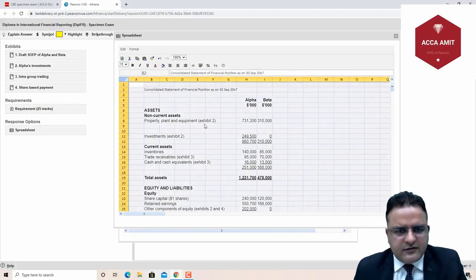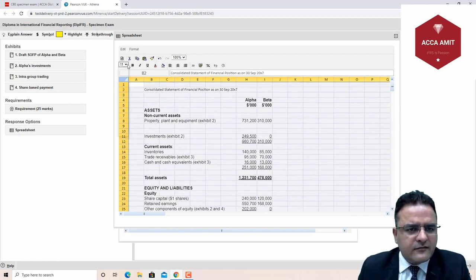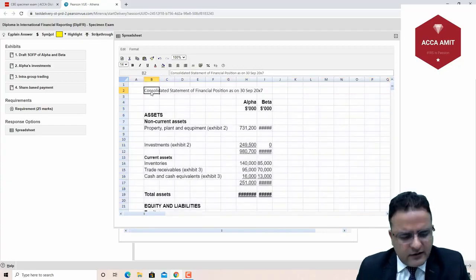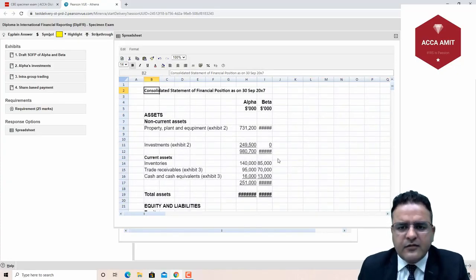We increase the size as per convenience, so that it becomes visible to you and you don't have any problem doing it.